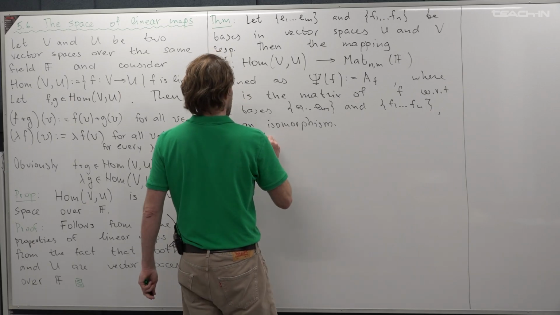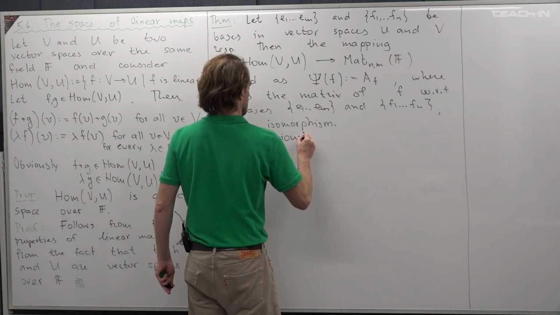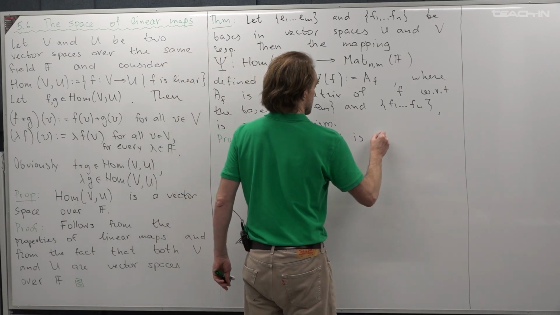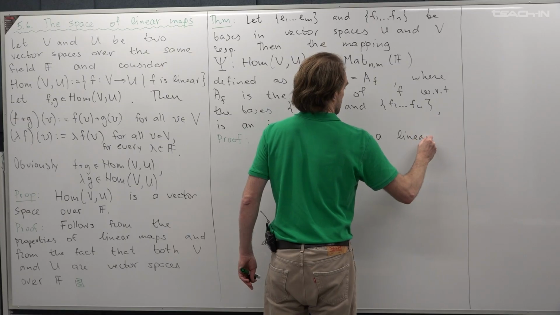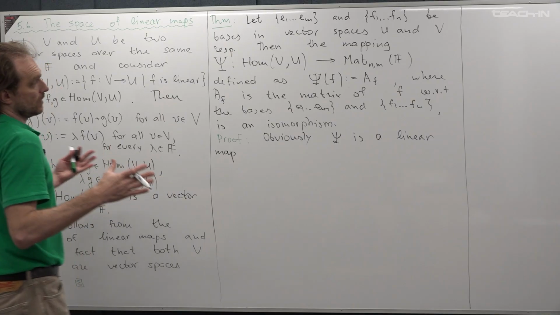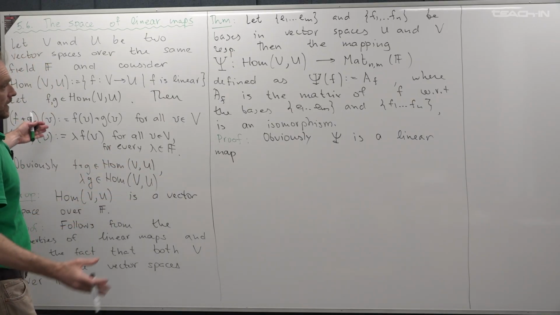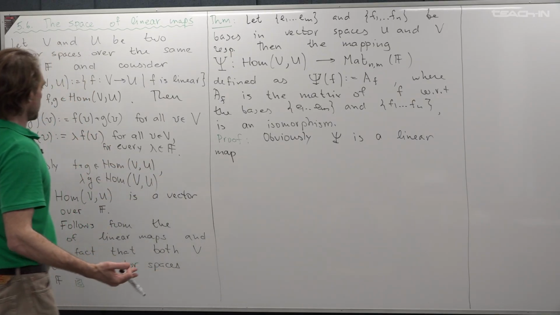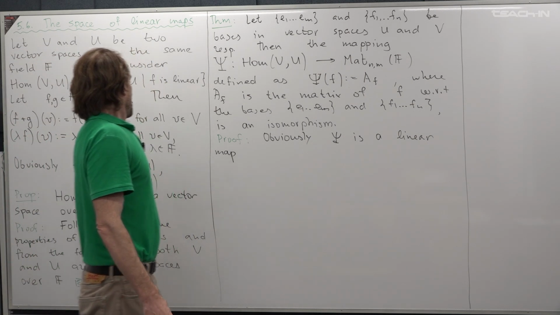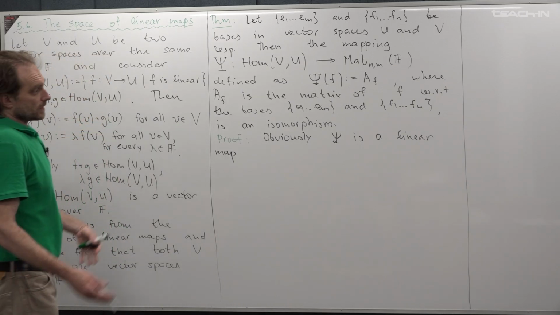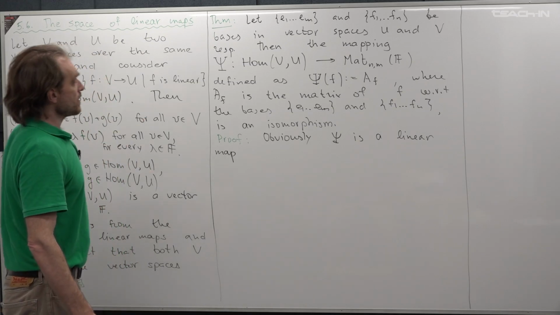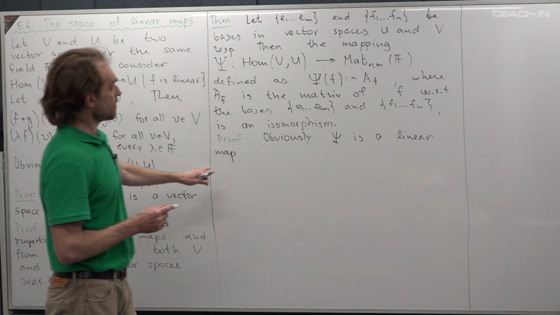So obviously psi is a linear map. If we consider the sum of two linear mappings, then the matrix of this new linear mapping is obviously the sum of the matrices of these two linear mappings. This easily follows from the definition of the matrix of a linear mapping. So psi is a linear mapping.